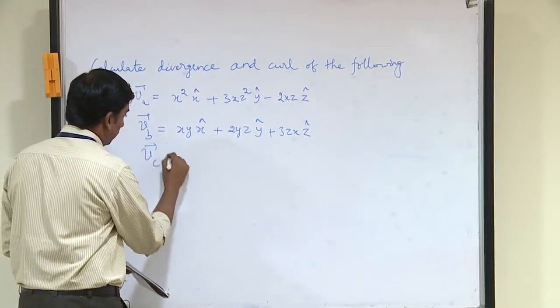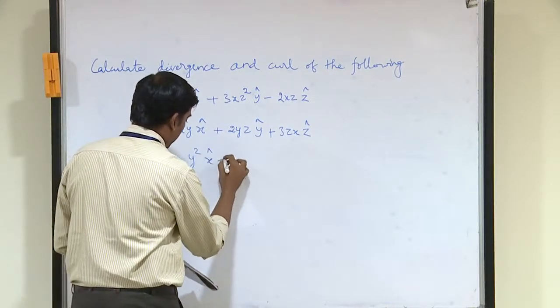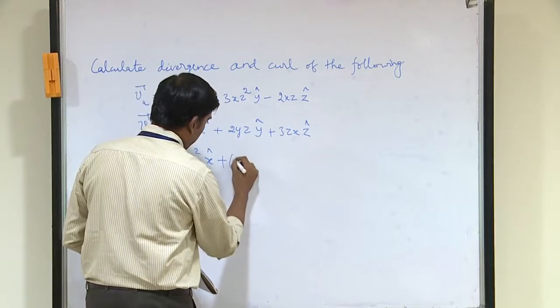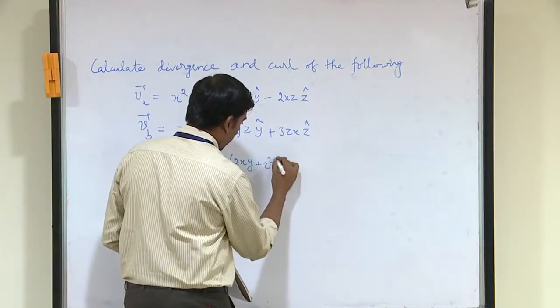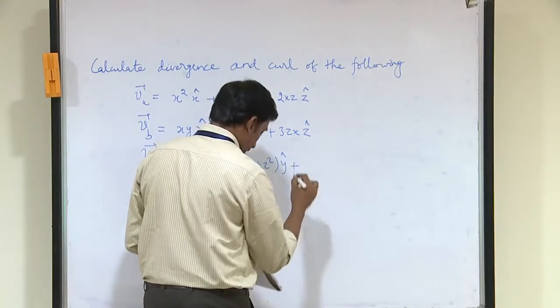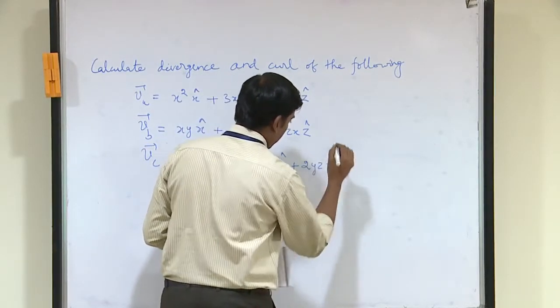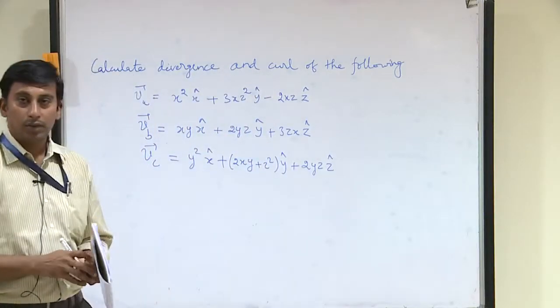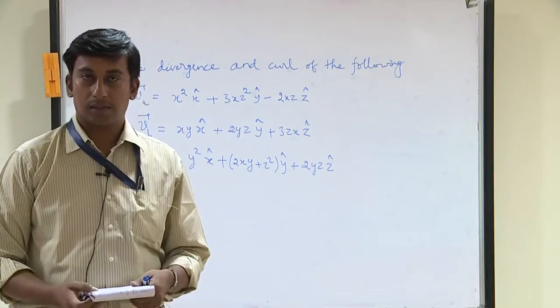The third one is y square x cap plus 2x y plus z square y cap plus 2y z z cap. You can calculate the divergence as well as curl.